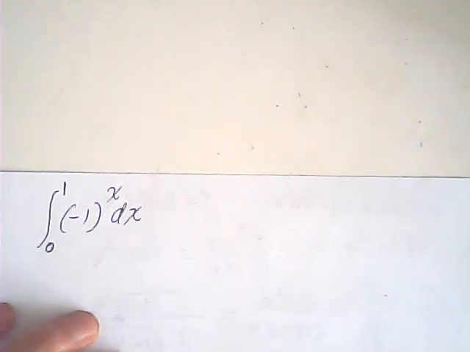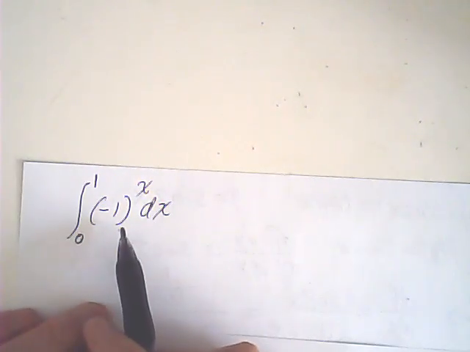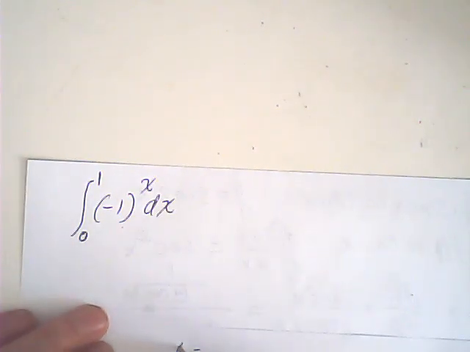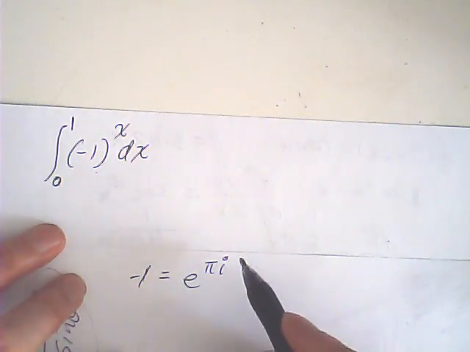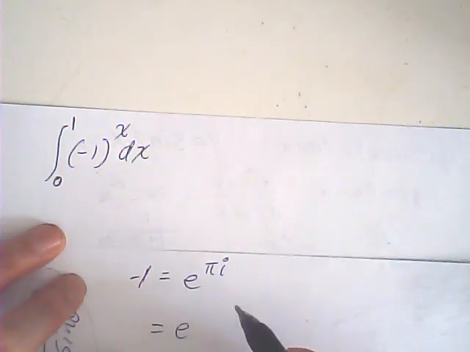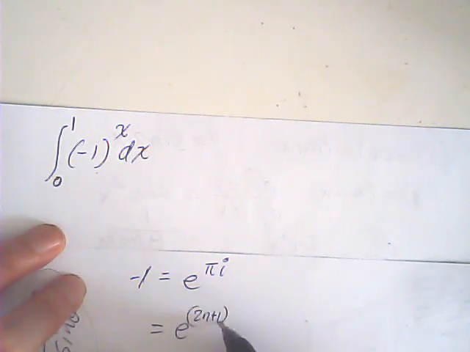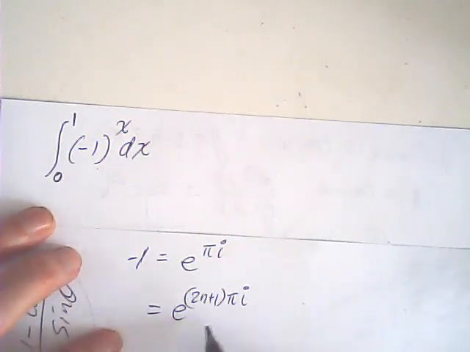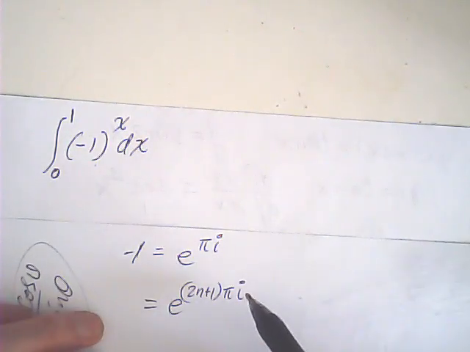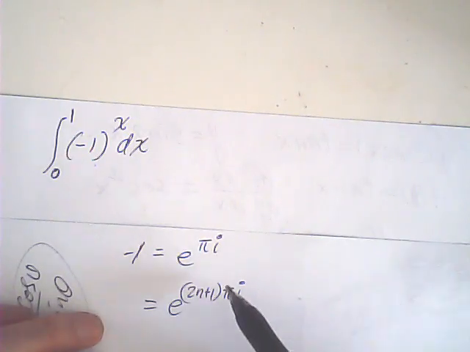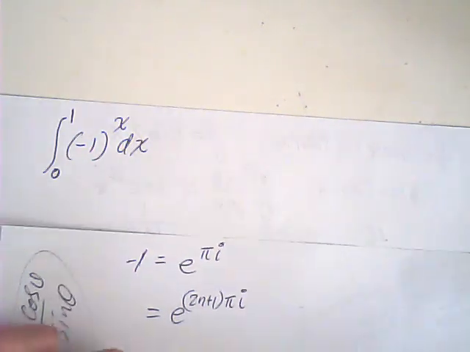Now let's recall something. Negative one is equal to e to the pi i, right? Yeah, that's the negative one. Now, if you consider the general solution, it could be e to the (2n plus 1) pi i, because every 2 pi is one period, so every odd multiple of pi gives negative 1.